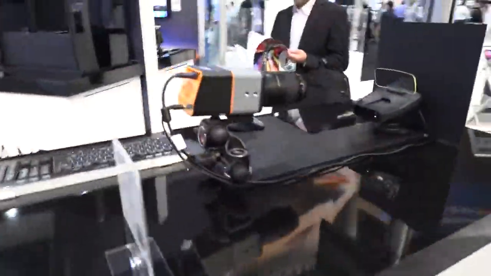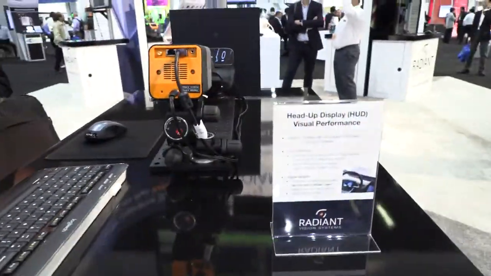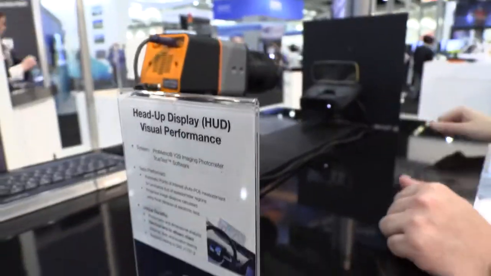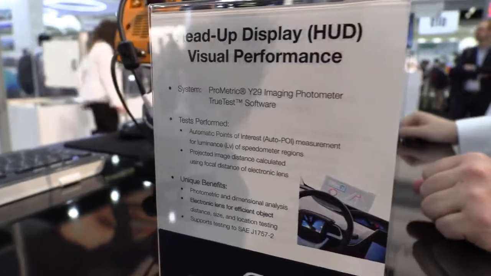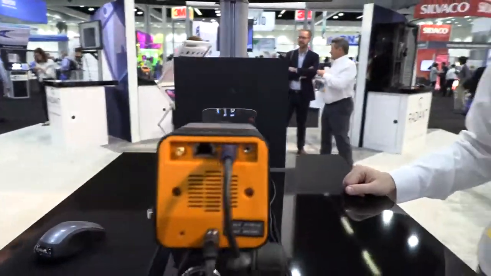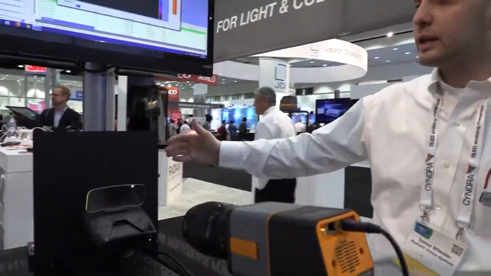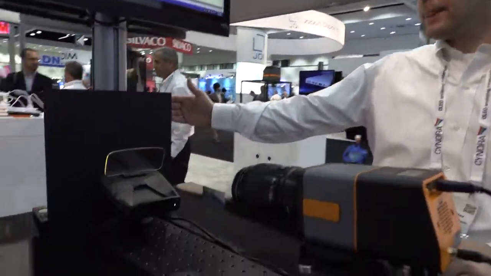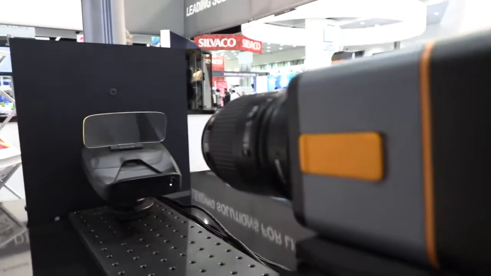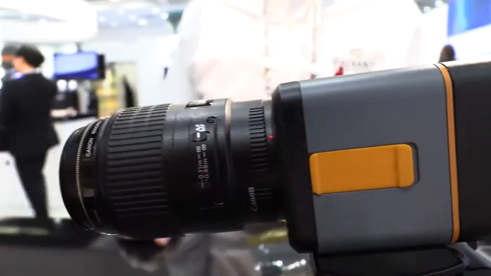This is for the HUD. For this one, we're measuring an aftermarket heads-up display that you can fix right on top of your dashboard, and it has a projected image out a few feet that we're able to capture and then run special analyses on as well.